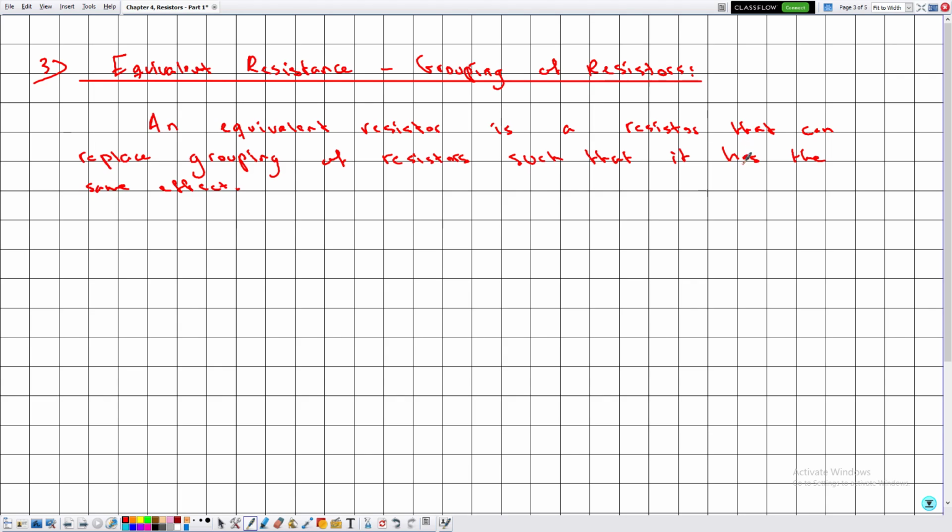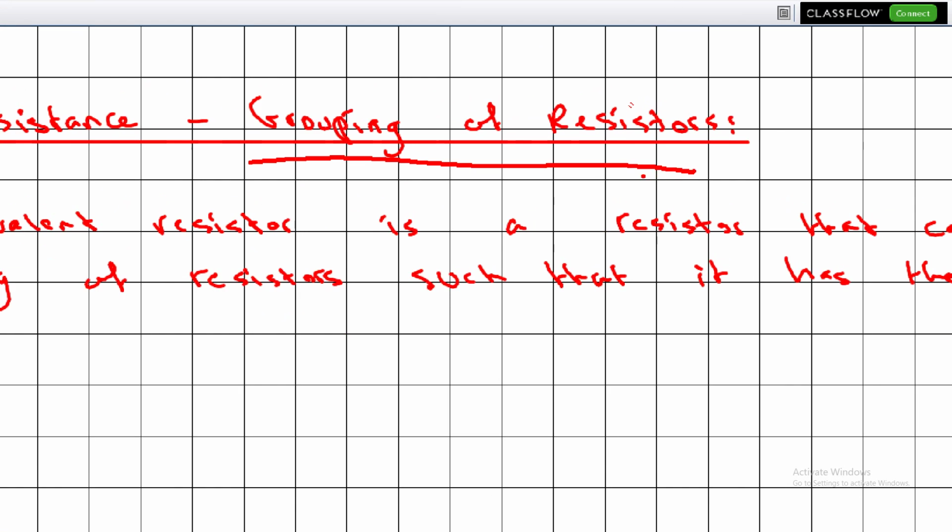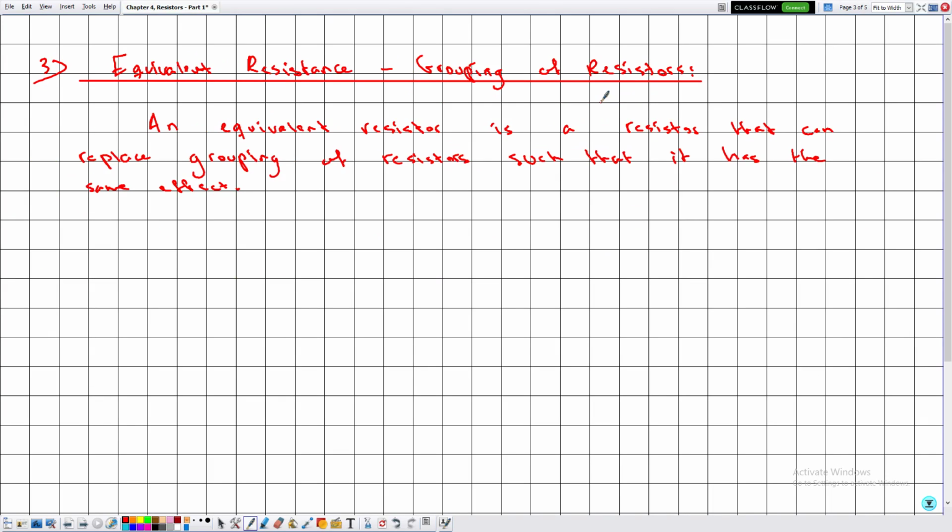Now whenever we discuss the equivalent resistance in both cases, I will explain more what is meant by this. Now let me say that the grouping of resistors may have two different forms. It may be in series or in parallel. So first let me consider the first case, which is given by series grouping.